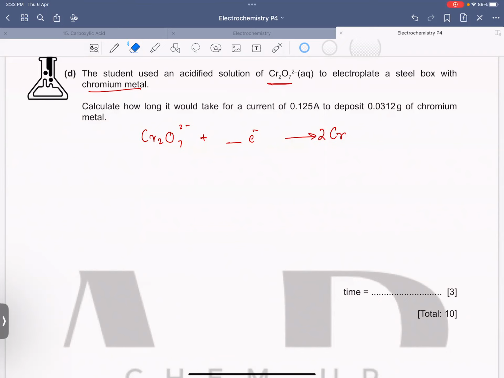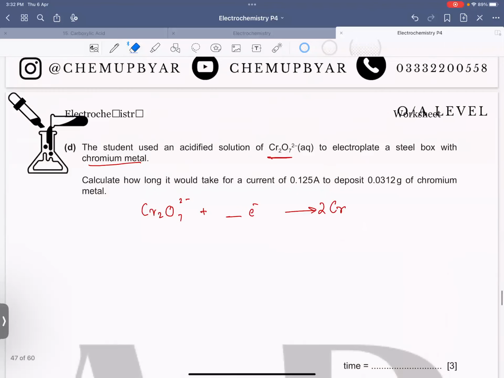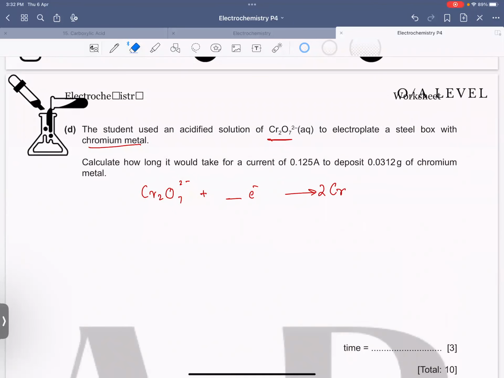Yes, Abdurrahman, can you tell me the number of electrons? Mariam Khan, can you tell me the number of electrons? Alishba. Sir, it will be 6 electrons.